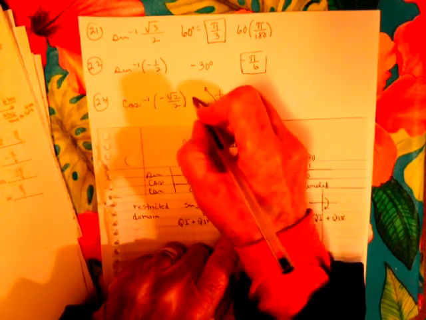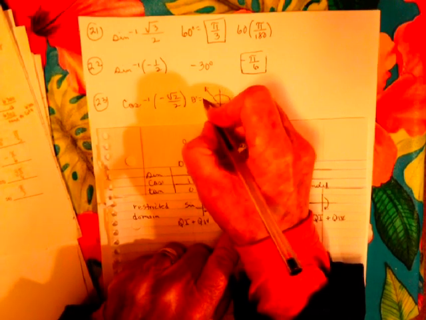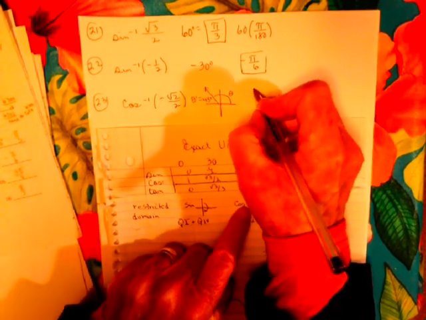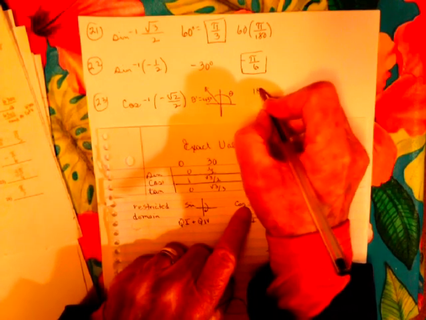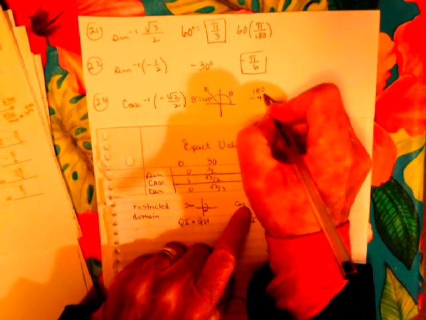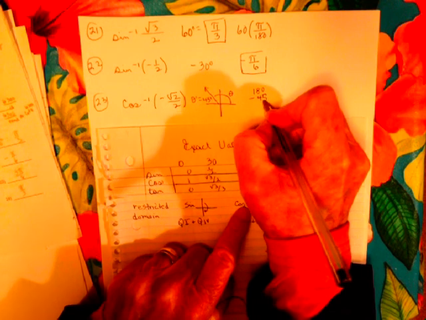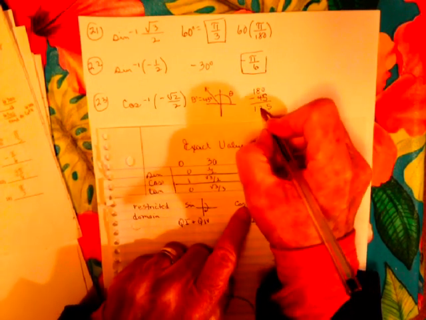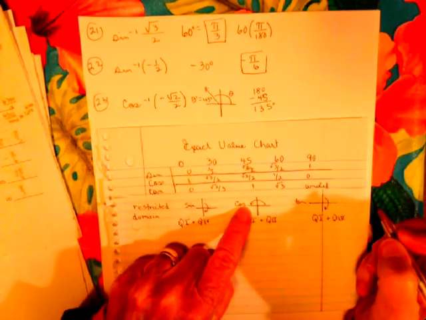Related angle of 45. So theta equals 180 minus 45. 135 degrees.